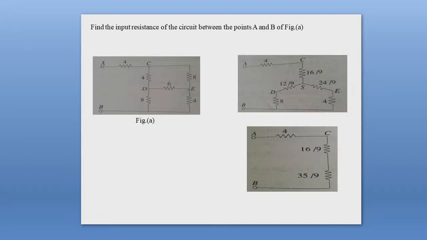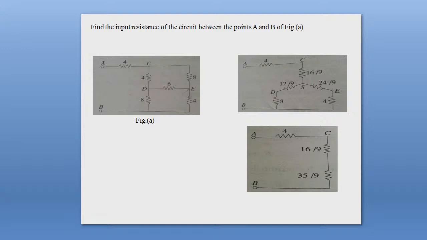and you will get the expressions of R12, R23, R31 in terms of R1, R2, R3. Let me tell you one problem for better understanding of the concept which we have just discussed. You see a problem here.